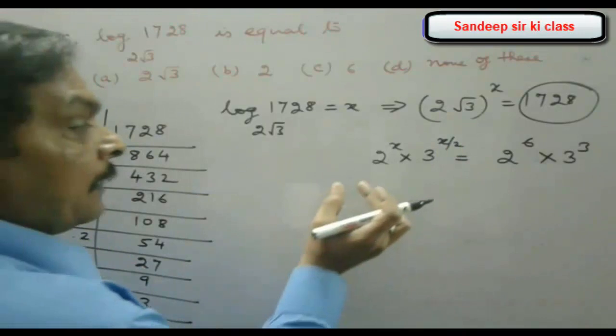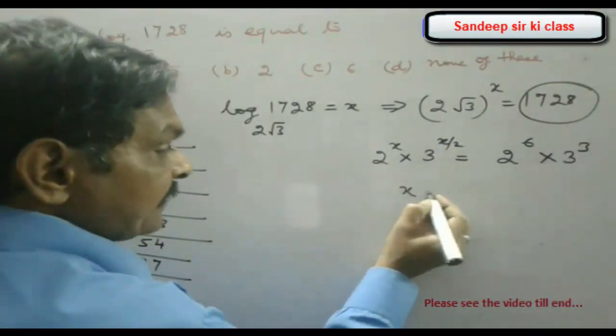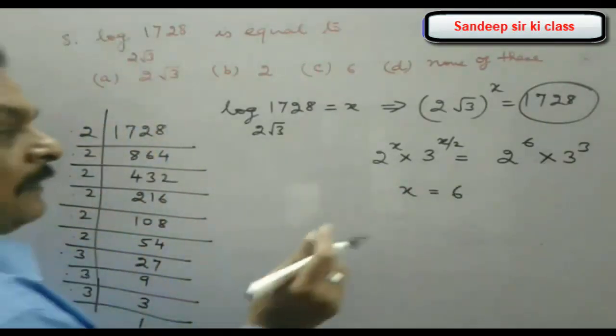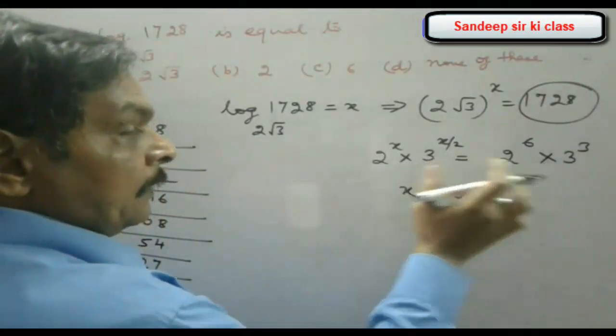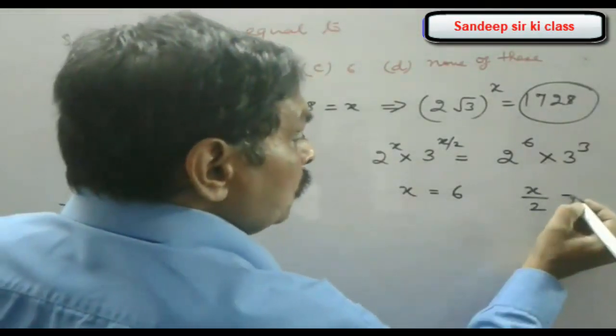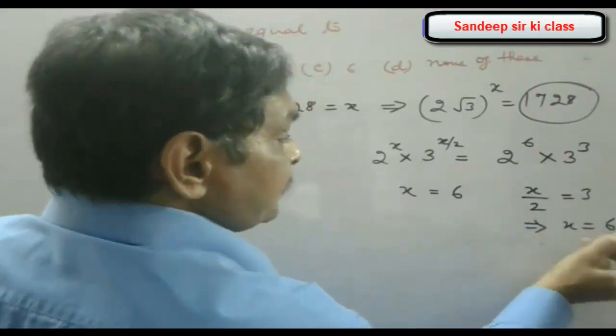Now we can compare the powers of 2 on both the sides, which gives us x is equal to 6, and when we compare the powers of 3 on both the sides, we get x upon 2 as 3, which again gives us x is equal to 6.